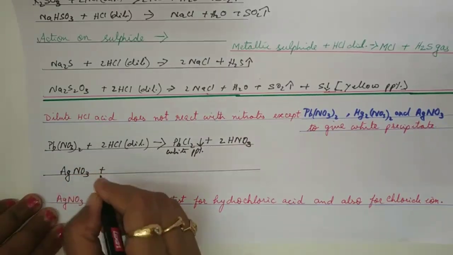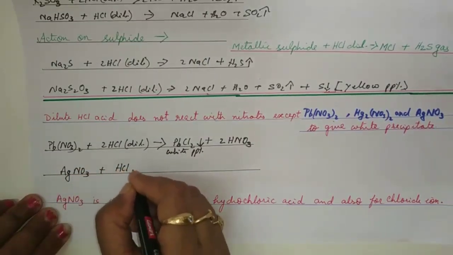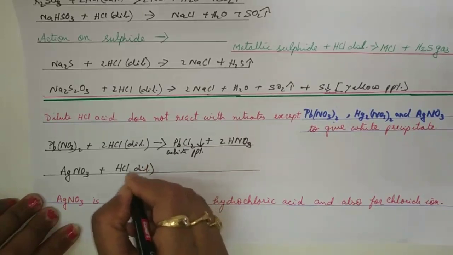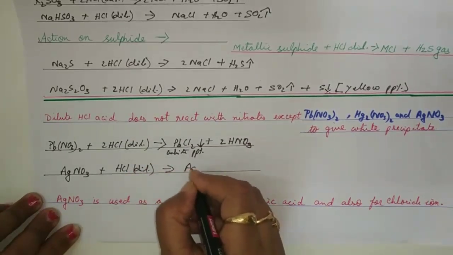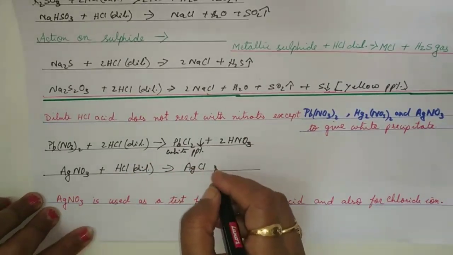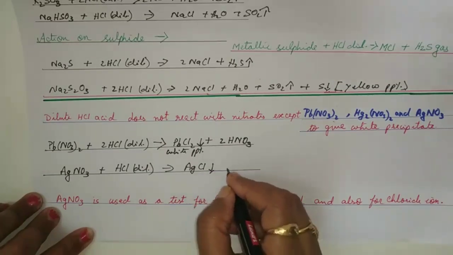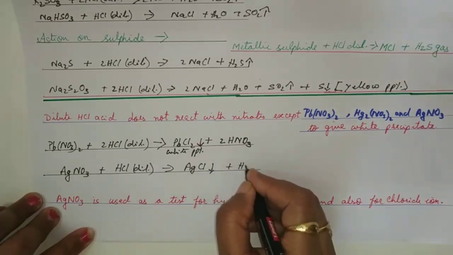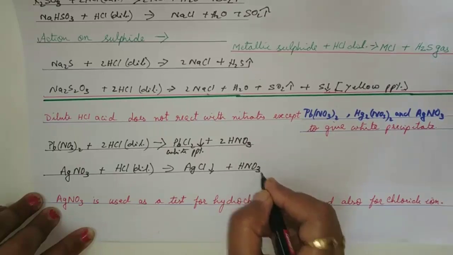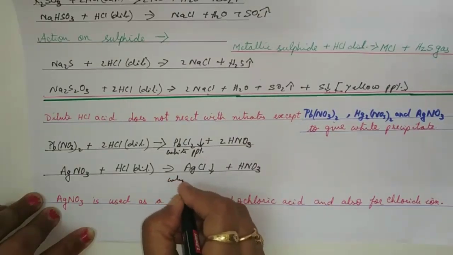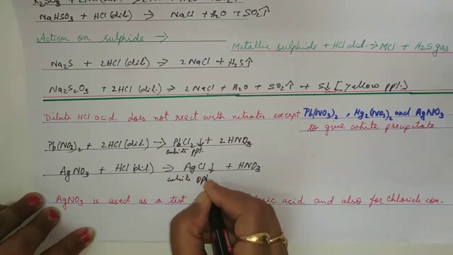Similarly, a very common reaction which you have done so many times. Now you know how it is to give you silver chloride. In my previous videos also I have written down this equation many a time. This is also a white precipitate.